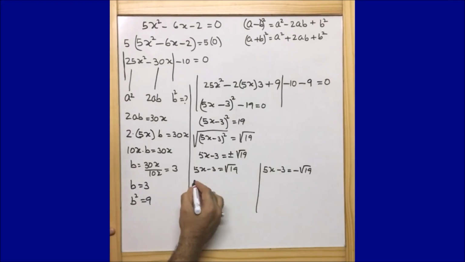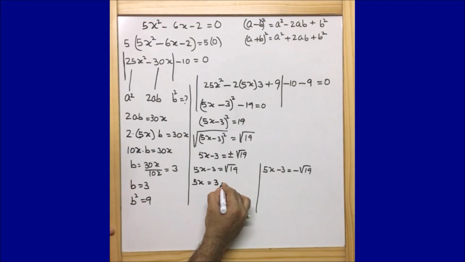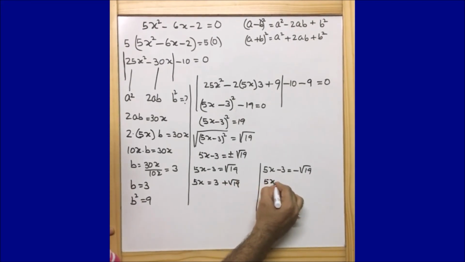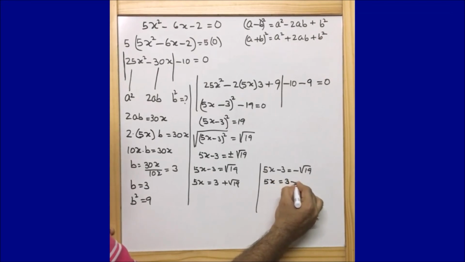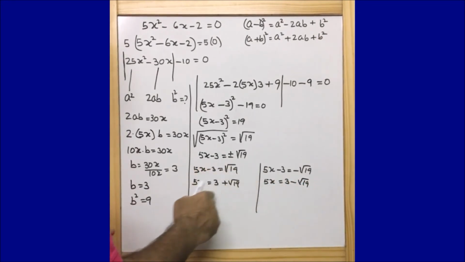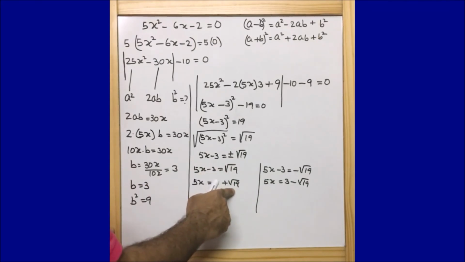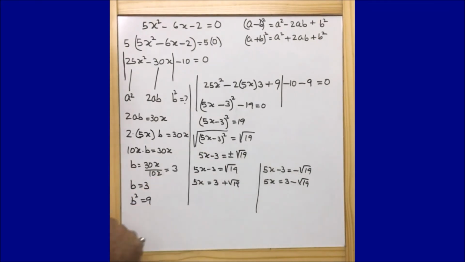Or I can write 5x is equal to 3 plus root 19. Similarly, here I can write 5x is equal to 3 minus root 19, just moving minus 3 to the right side. Once I move minus 3 to the right side, it became positive and it got added to root 19. So here we got 3 plus root 19, and here we got 3 minus root 19.